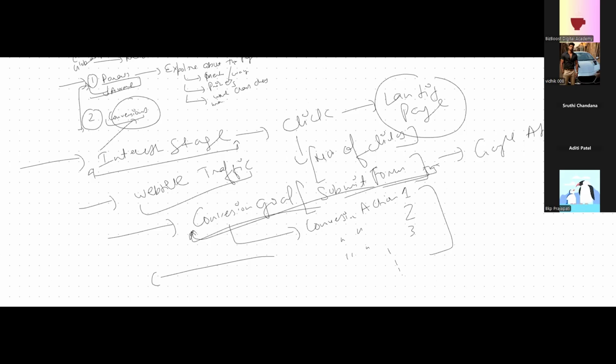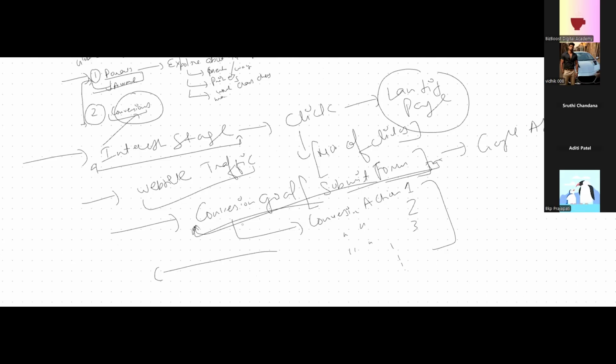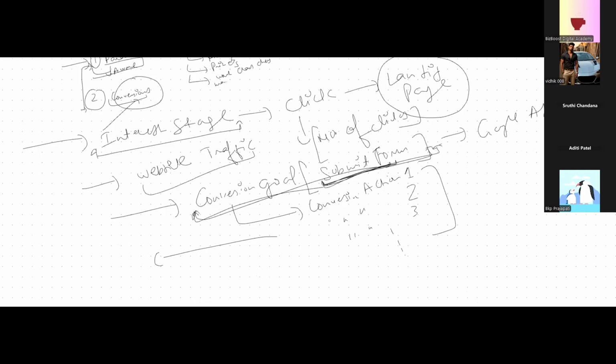Suppose we are choosing this one, submit form. This is the goal that you saw there, right? In this submit form goal, we have a few conversion actions like conversion action 1, conversion action 2, conversion action 3. You can create all these conversion actions in this goal.